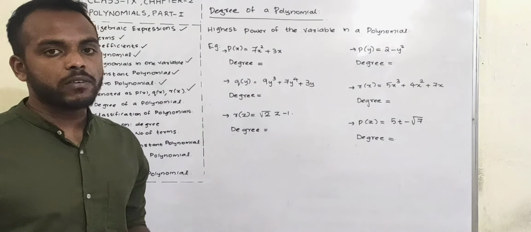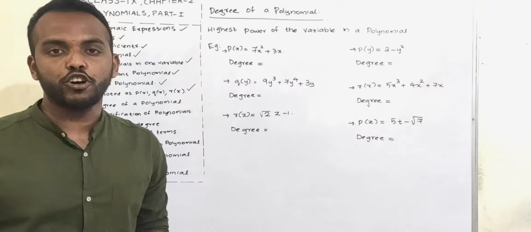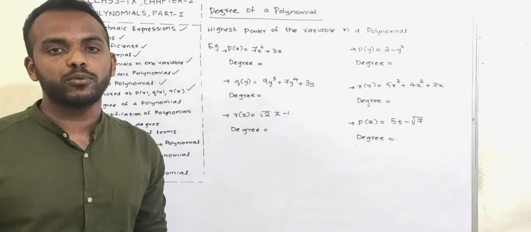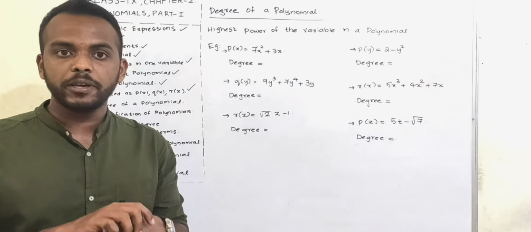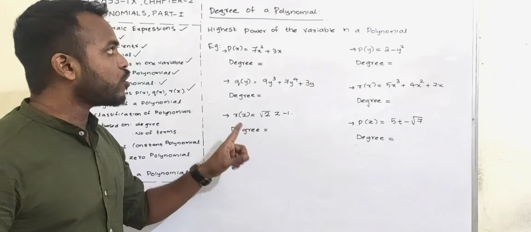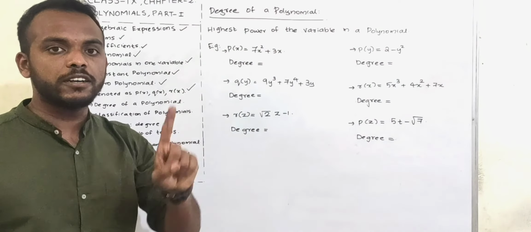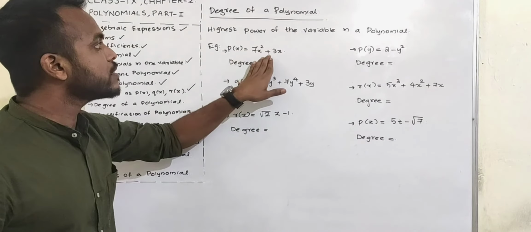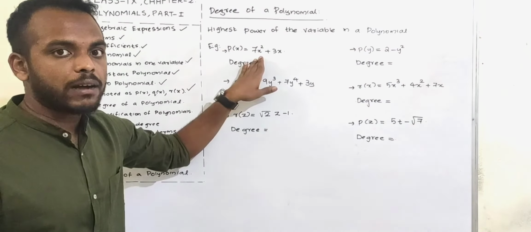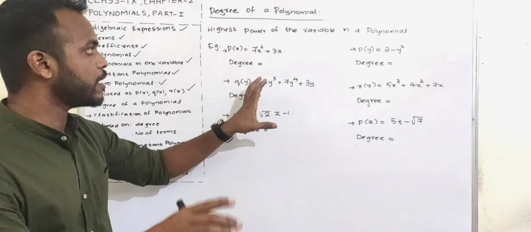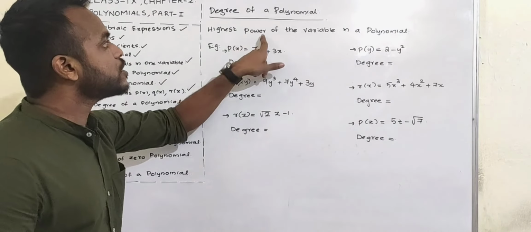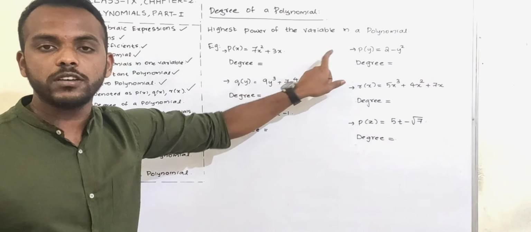The highest power of the variable in a polynomial is called the degree of that polynomial. The highest power. So we have learned there will be variables. We are talking about the degree of a polynomial in one variable, so the following will have only one type of variable in the whole polynomial statement. In that, the highest power of the variable is called the degree.